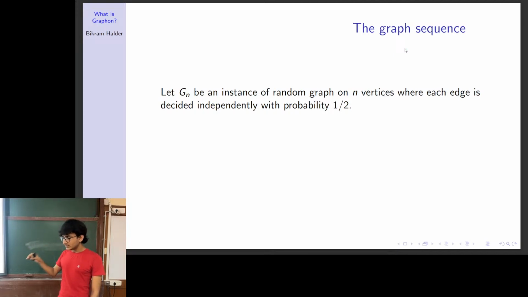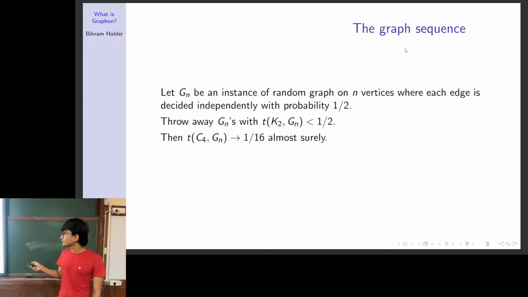You decide for each edge, with probability half, whether to include it or not, independently, and you throw away all those graphs whose edge density is less than half. Then it can be shown that the four cycle density goes to 1 over 16 almost surely.